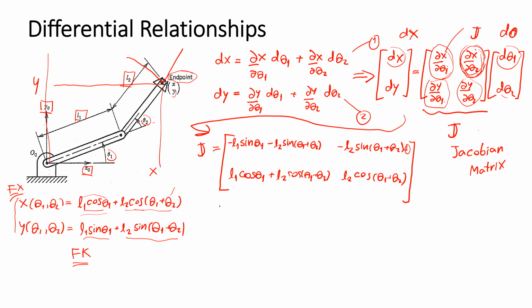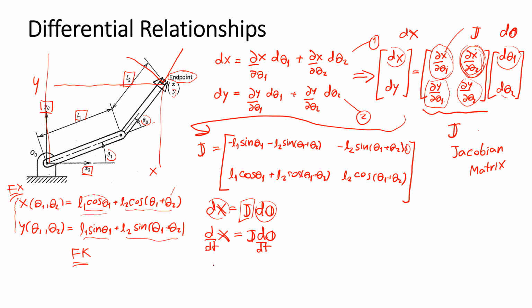So the matrix equation, if we take the time derivative, the relationship between infinitesimal position change and joint angle change are related with the Jacobian.